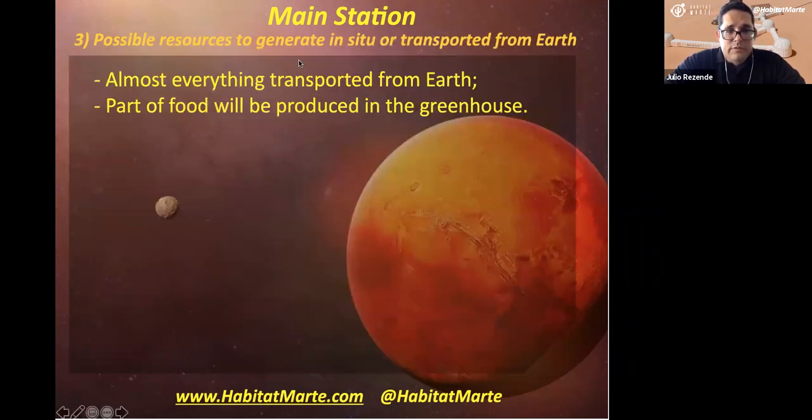Some possible resources to generate in situ or transported from Earth. Almost everything will be transported from Earth in the main station. Also, part of the food will be produced in the greenhouse. Also, you'll be using some 3D printers to print some utensils used in the main station.